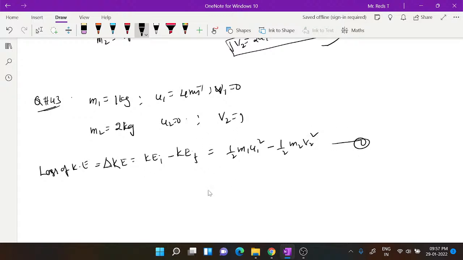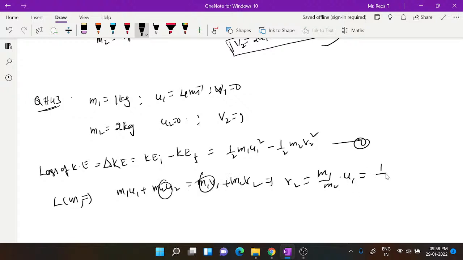So v2 you don't know, first you have to find out v2. Let's say this is equation 1. To find v2, you have to use the law of conservation of momentum. It gives m1 u1 plus m2 u2 is equal to m1 v1 plus m2 v2. Here u2 is 0, here v1 is 0. So v2 will be equal to 2 meters per second.